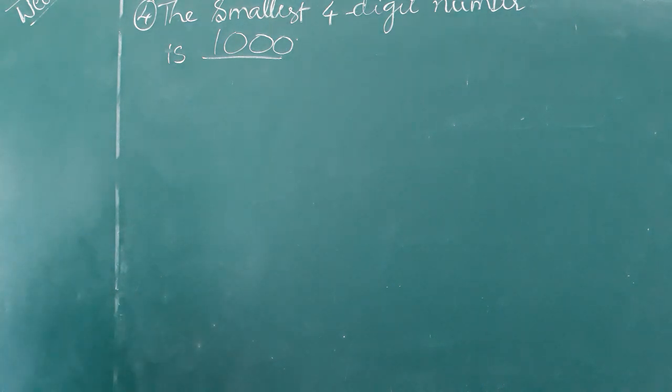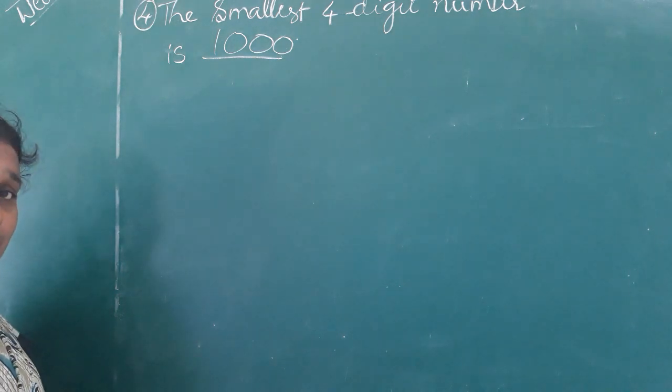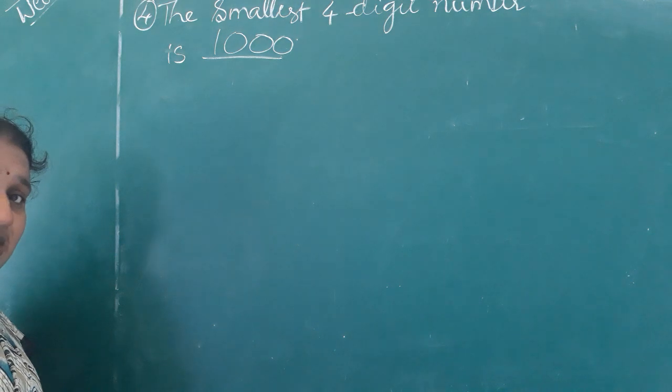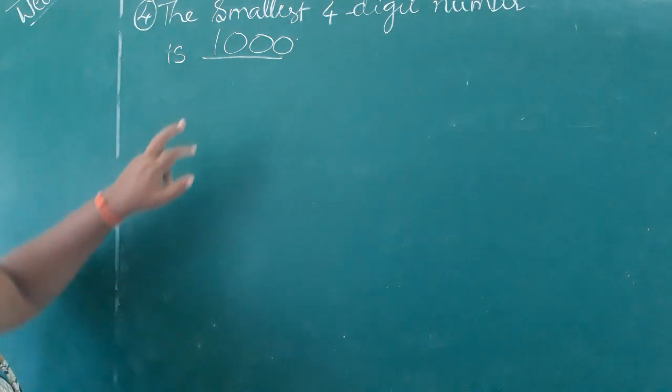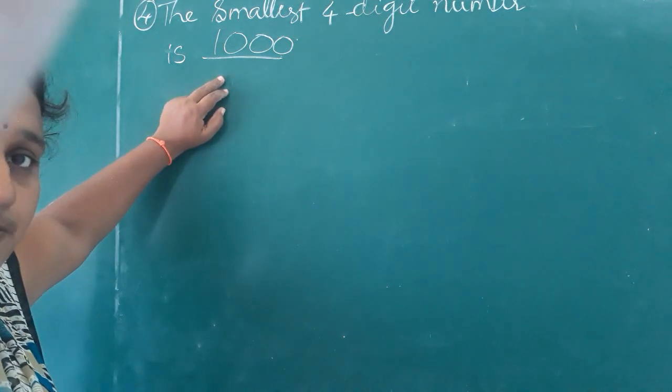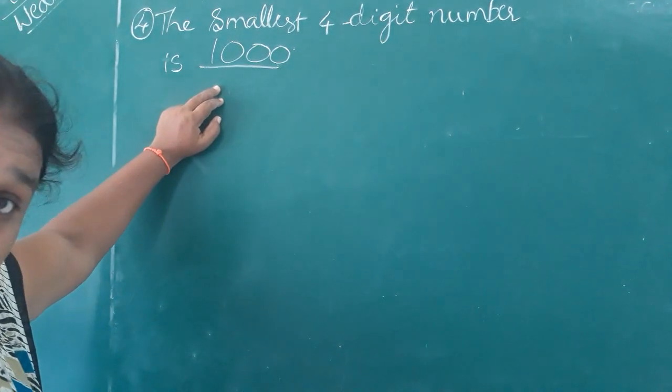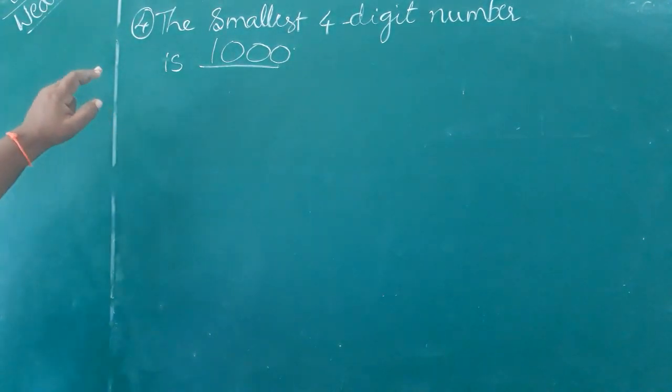How will you get the smallest 4-digit number? Already I told you to say: smallest 1 digit 1, smallest 2 digit 10, smallest 3 digit 100. Now smallest 4 digit 1000. So next one.